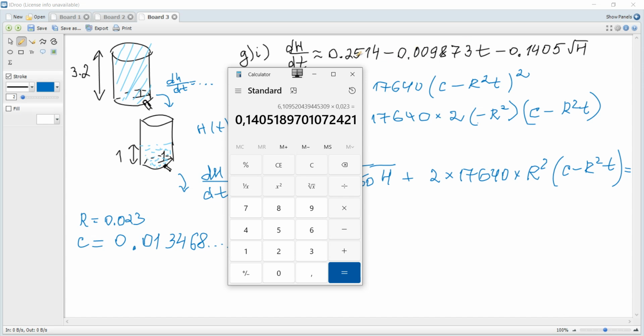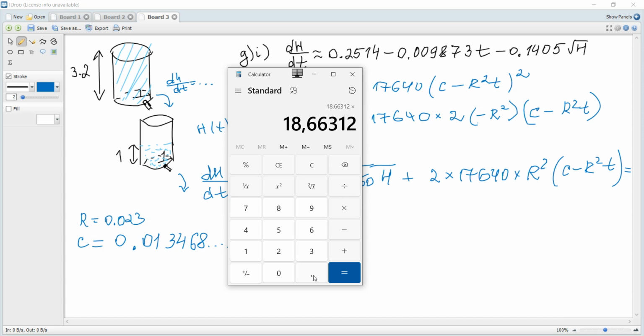Then let's consider the term that is just a number. It becomes r squared, 0.023 squared, r squared times 2 times 17,640 and times c.